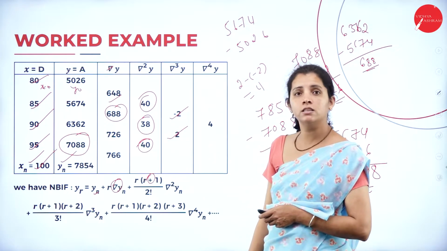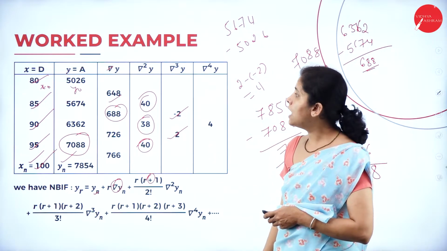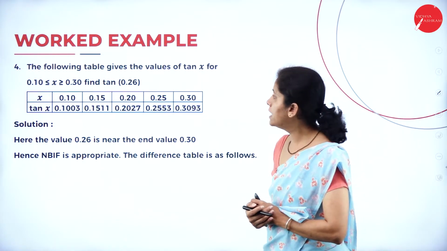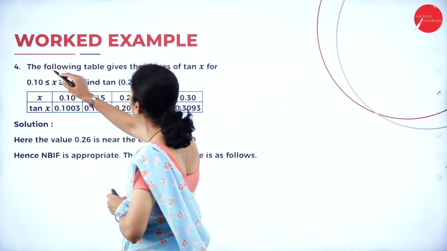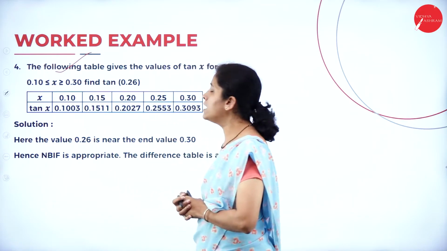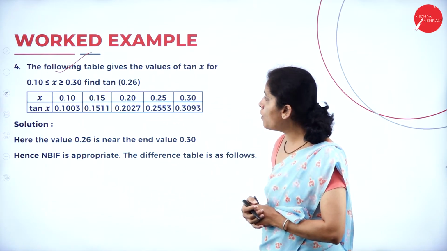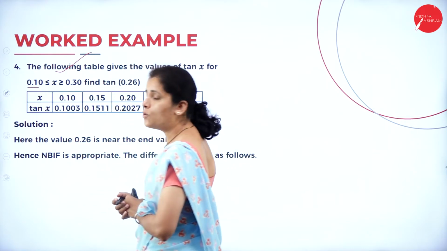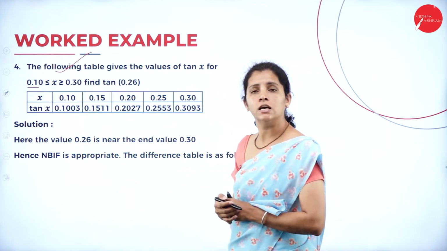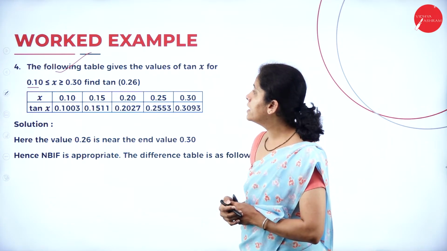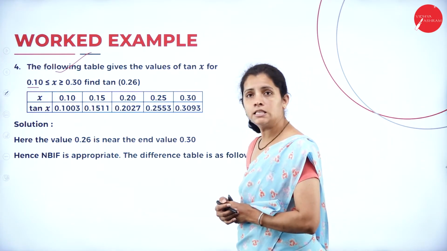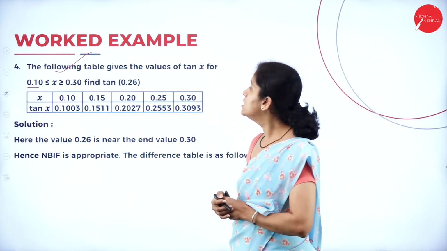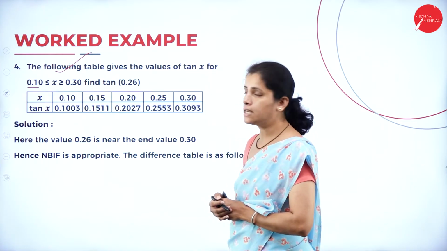That is 8666. Now, dear student, I'm going to have another problem, that is the following table gives the values of tan x for, and they have given the range. 0.10 less than x, and x is greater than 0.30, find tan of 0.26.